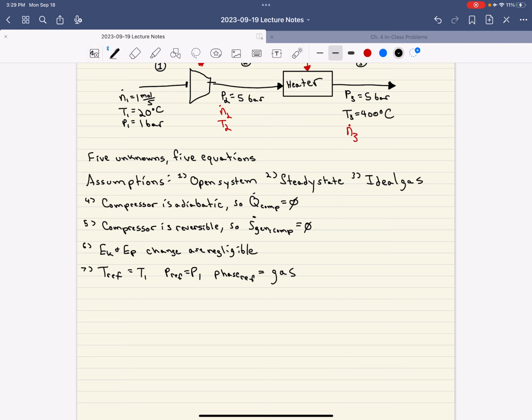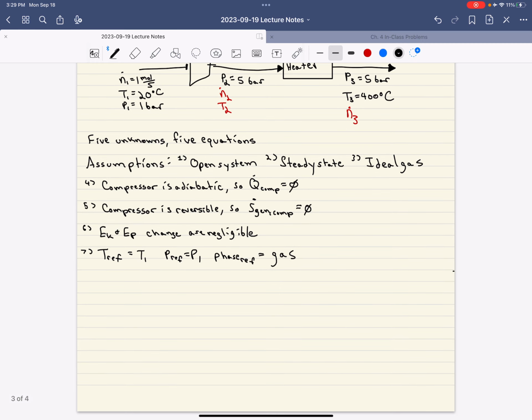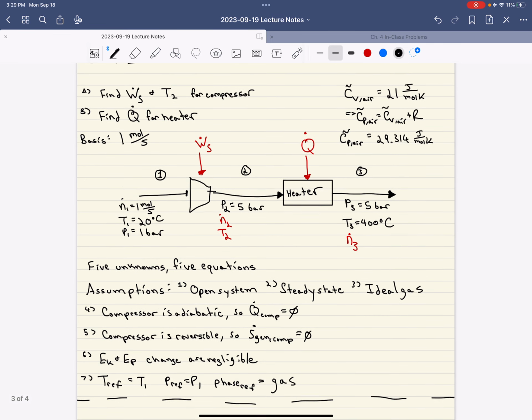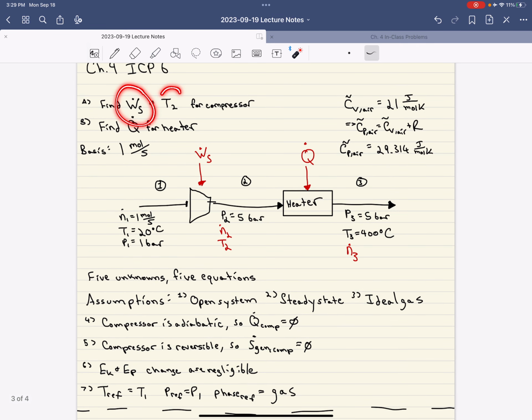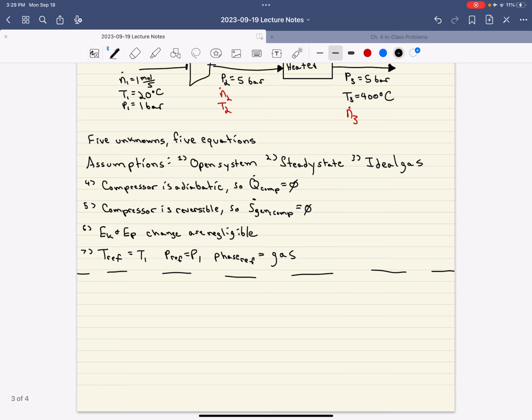Using those assumptions, we could then simplify our balance equations. In part A, we want to figure out the shaft work and the temperature for the compressor. Our strategy is to focus on doing balances around the compressor first. We'll proceed through our balances in the typical way, starting with the material balance.